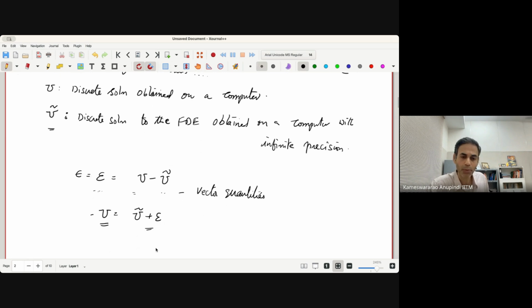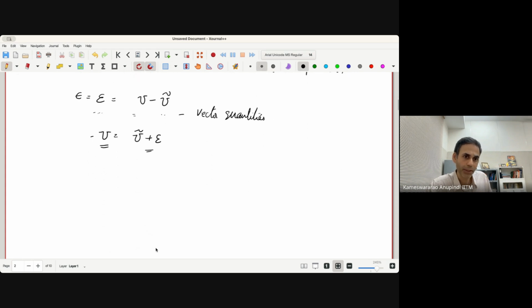Now let us go back and try to solve the equation, whatever we have, on a regular computer. If we solve this discrete finite difference equation, then we know that this u will satisfy that equation.